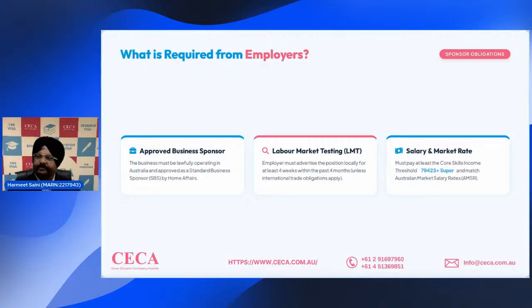When any employer is going to sponsor you, the main requirement is that they must have standard business sponsorship. The business must be lawfully operating in Australia and approved as a standard business sponsor by the Department of Home Affairs. The business also has to conduct labor market testing.